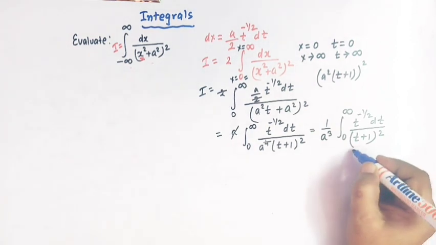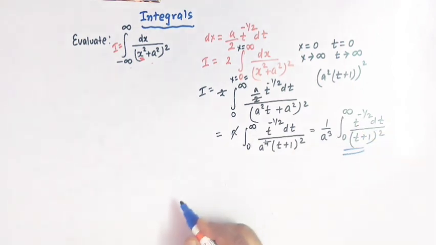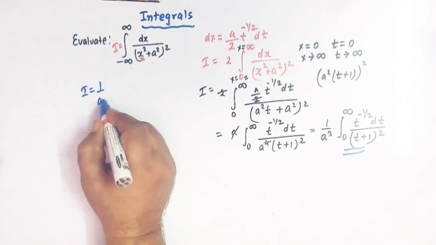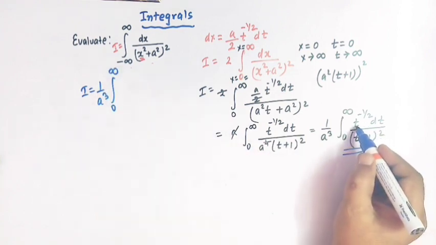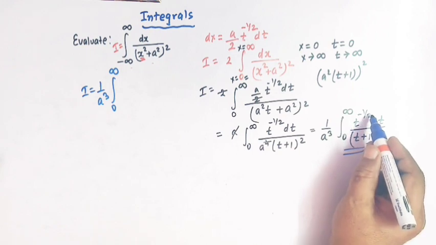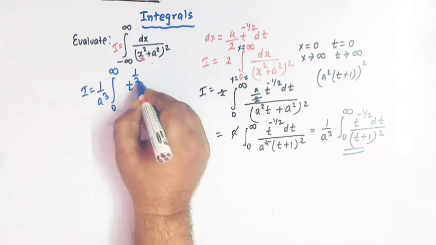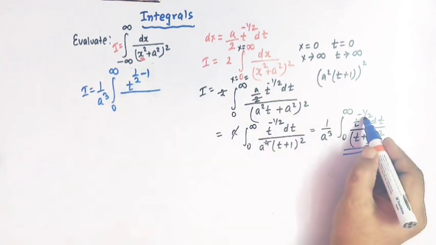So now let us rewrite this integral in terms of the beta function. We have I equal to 1 over a cube, integral from 0 to infinity, t raised to minus half, and t raised to minus half can be written as t raised to half minus 1, because half minus 1 is minus half.